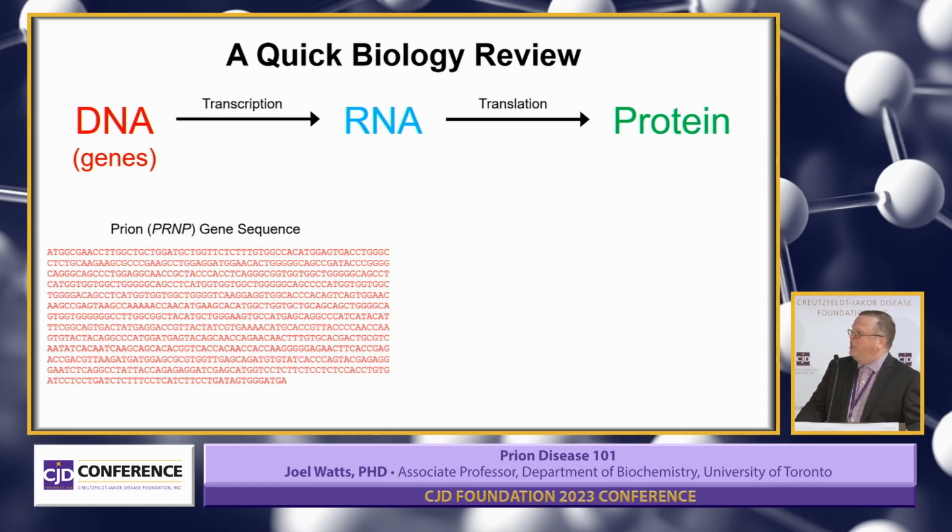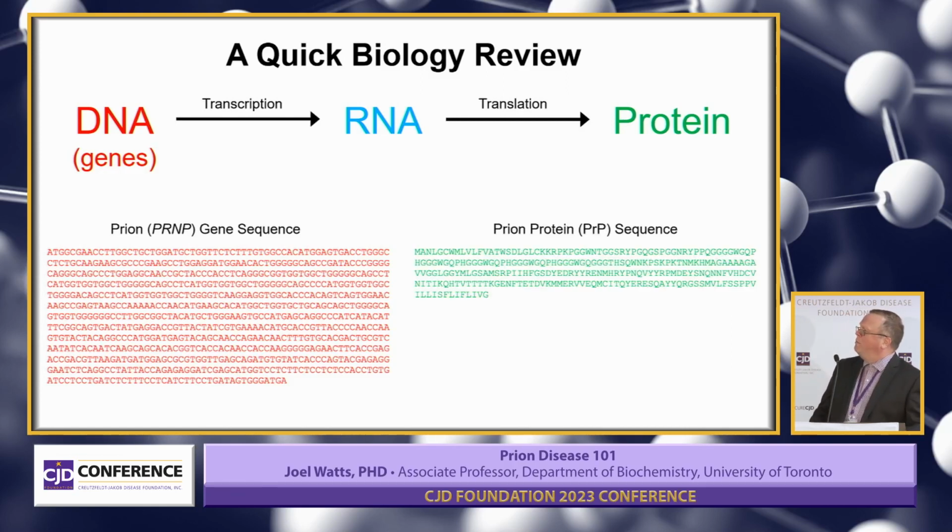So here's the gene sequence for the prion protein. The gene's called PRNP. There's a test at the end, so start memorizing. This gets translated into prion protein. So proteins are made up of building blocks called amino acids. There are 20 different amino acids.